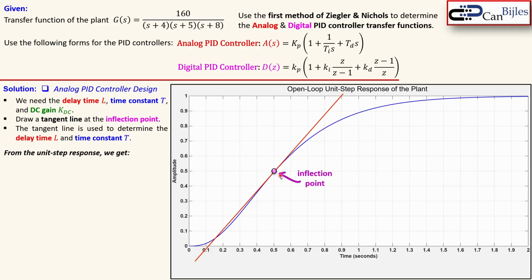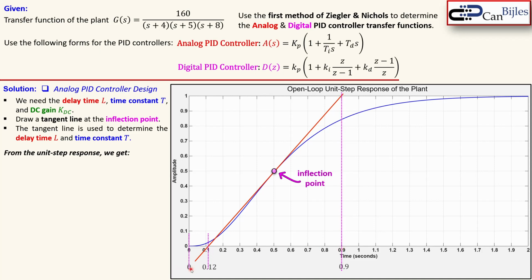Now from this tangent line, I will determine the required delay time, time constant, and the DC gain. This is what I do here. You see the distance from the start to the point where the red line intersects the x-axis, and there's also the intersection of the red line up to the level at 0.9.